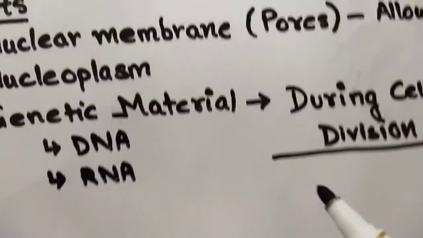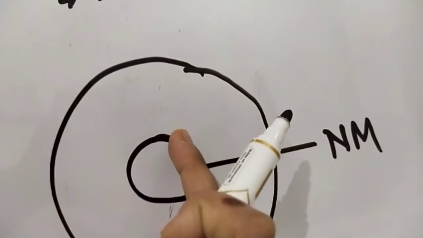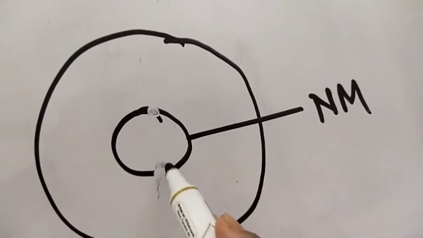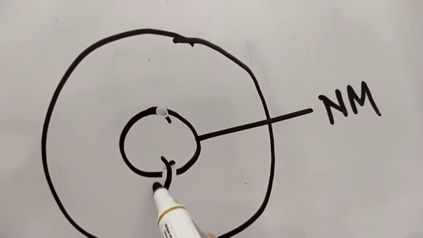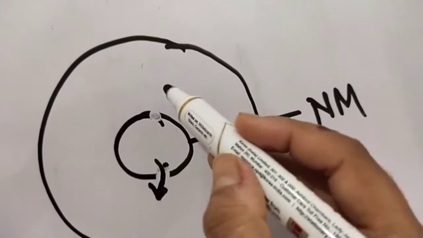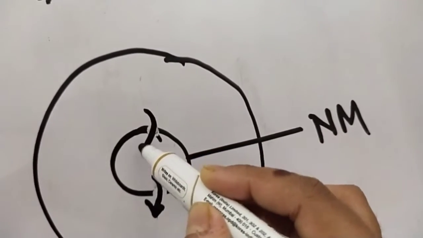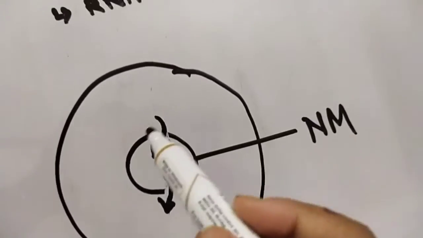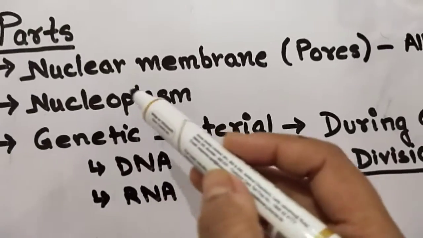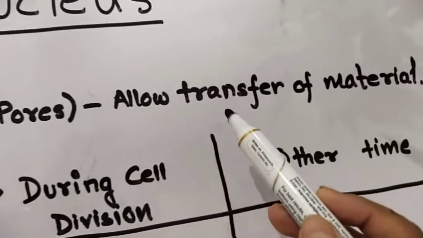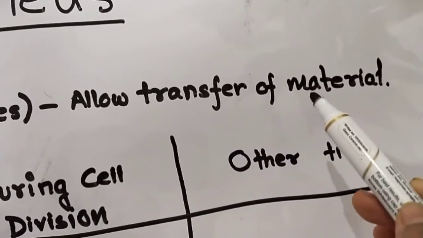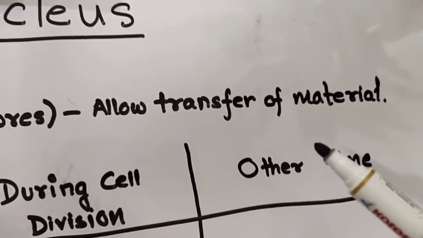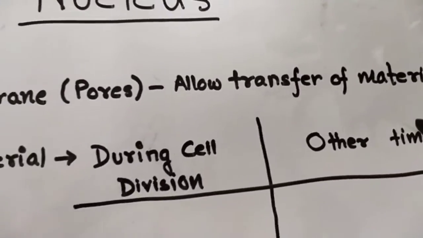Through these small pores, substances can move out to the cytoplasm, and when required, substances can move in from the cytoplasm to the nucleus. So the nuclear membrane has pores that allow transfer of material from outside to inside and inside to outside. The outside is nothing but the cytoplasm.